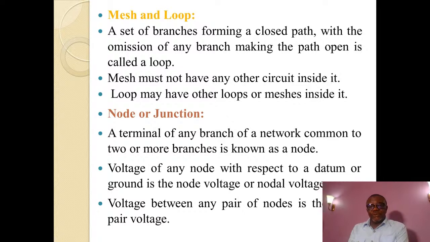The voltage of any node with respect to a datum, that is a reference point or ground, is the node voltage, at times known as the nodal voltage. The voltage between any pair of nodes is the node pair voltage.